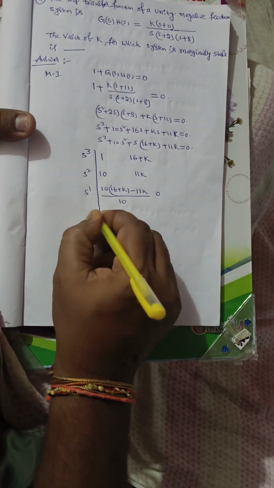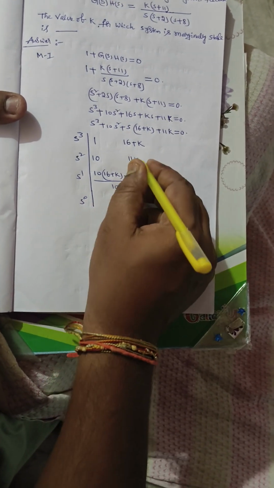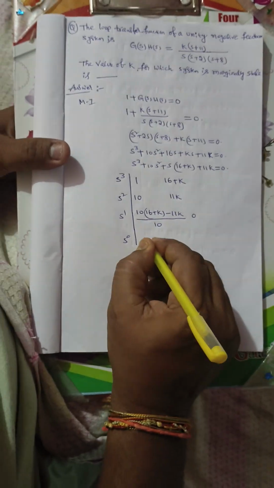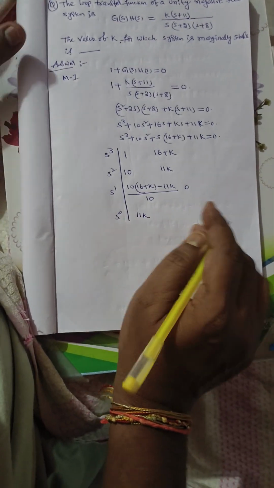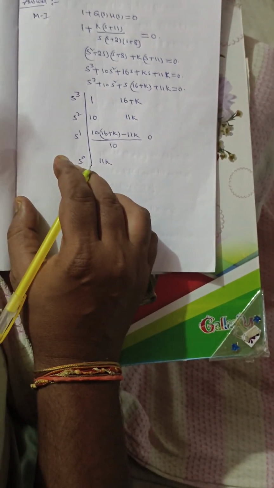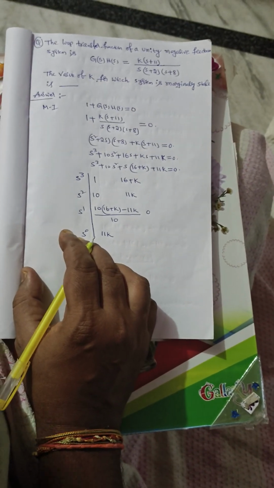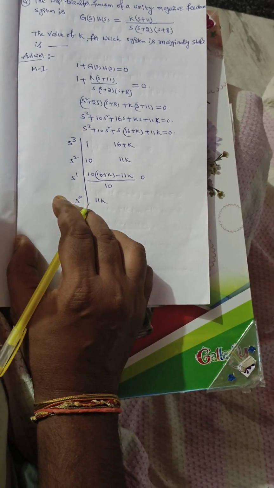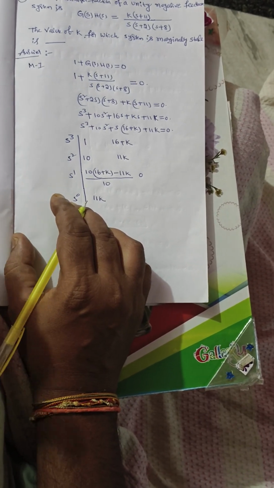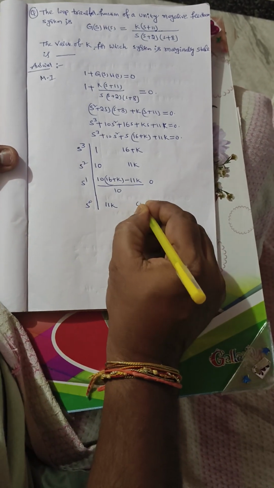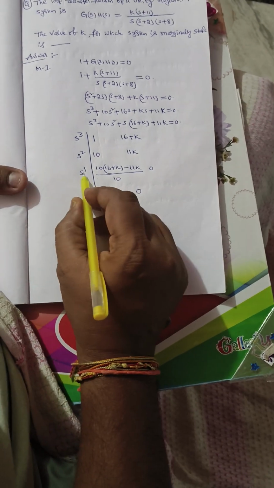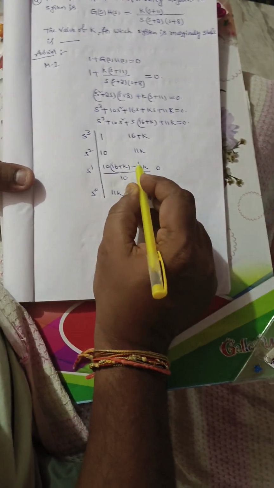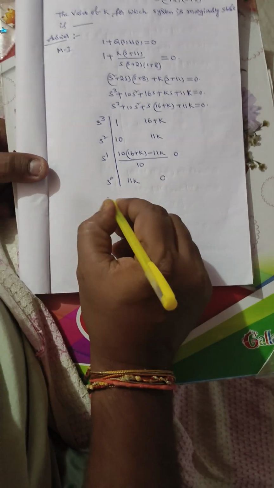Now the s power 0 coefficient will be this into this minus 10 into 0, divided by this one, which means 11k. Now, if the system is marginally stable, any one row in the RH table should be 0. The s power 1 coefficient involves k, so this value should become 0.